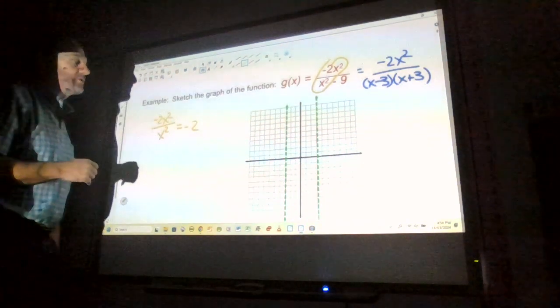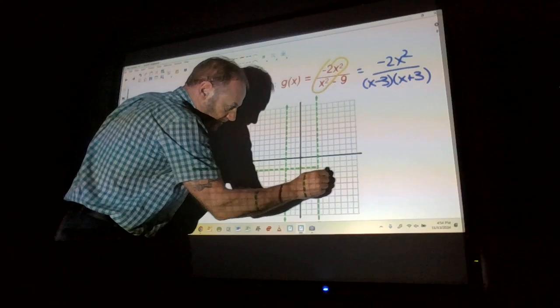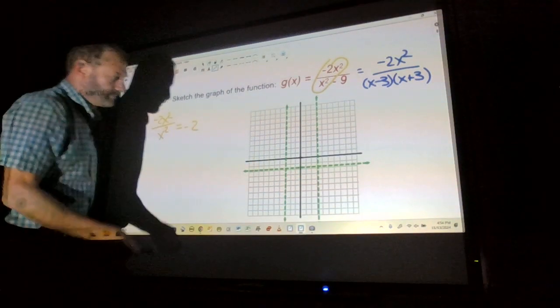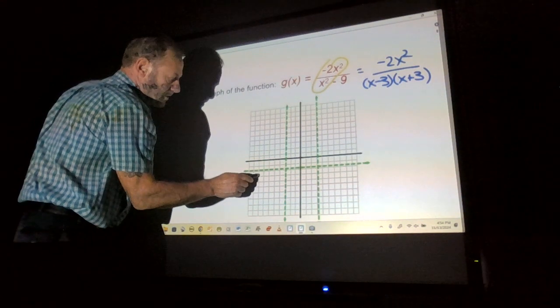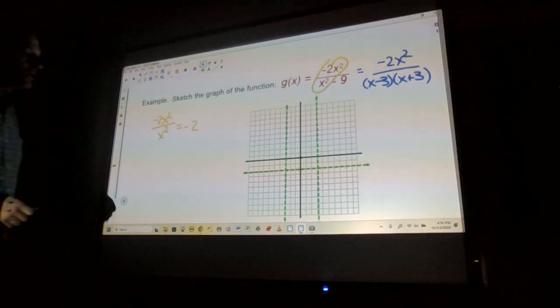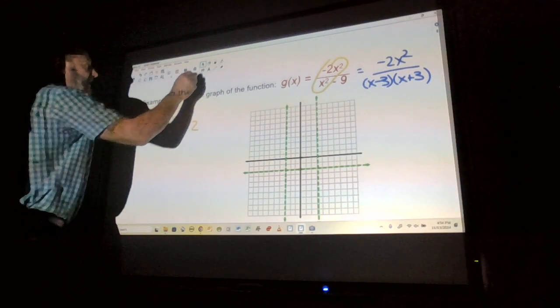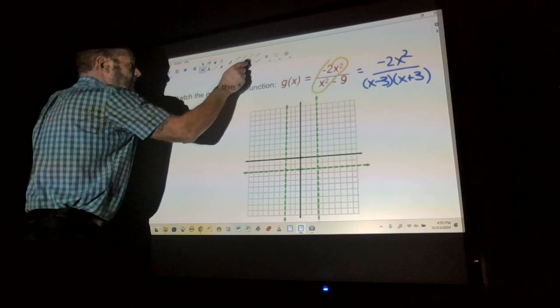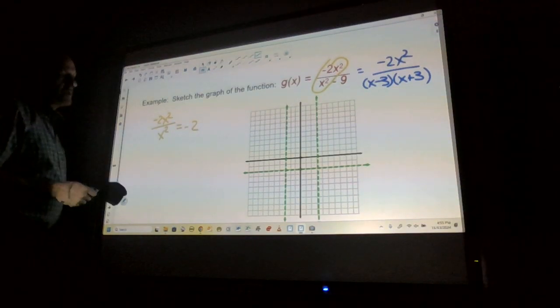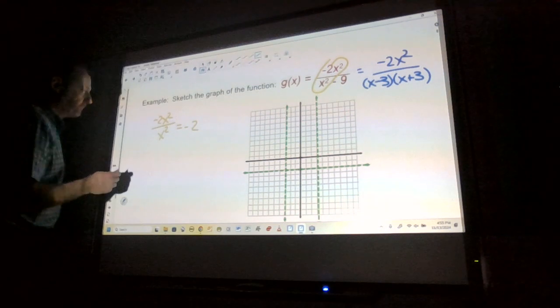So this thing is going to have a horizontal asymptote at negative 2, right there. Again, it divides this thing into 3 regions. So I'm going to pick a couple of points and graph them to find out what this thing looks like. Let's pick something like negative 4.